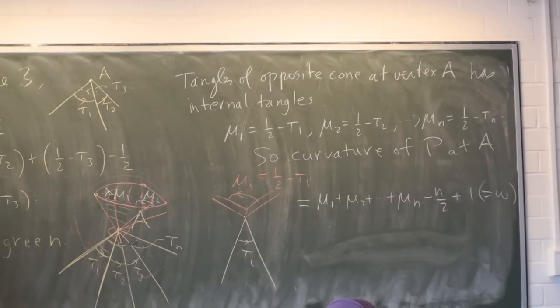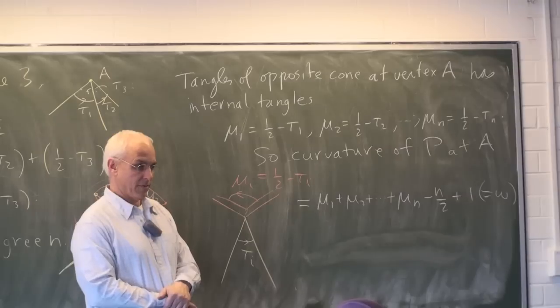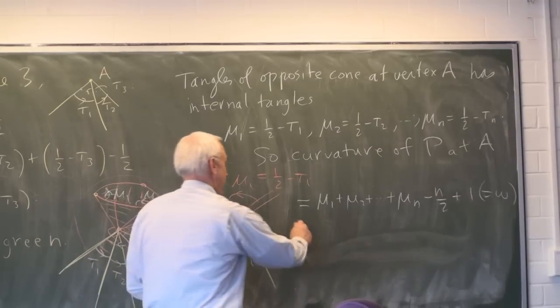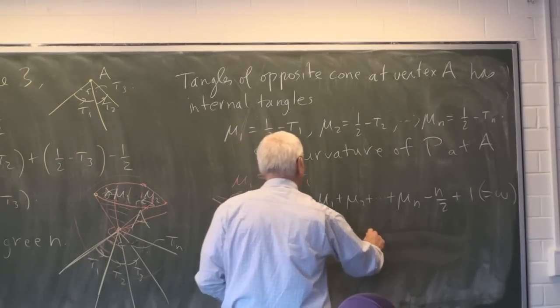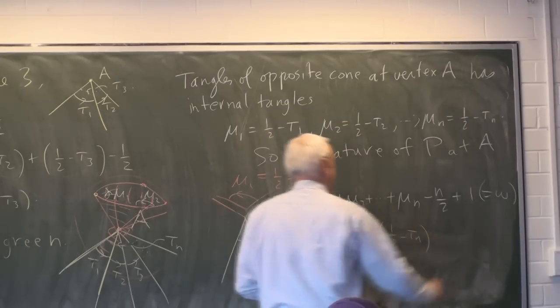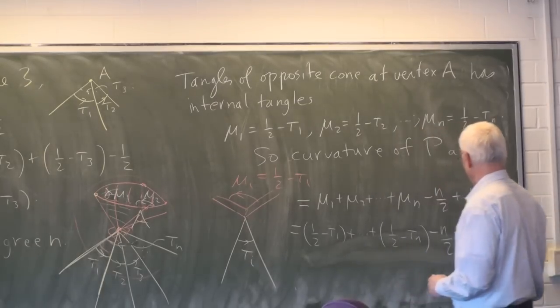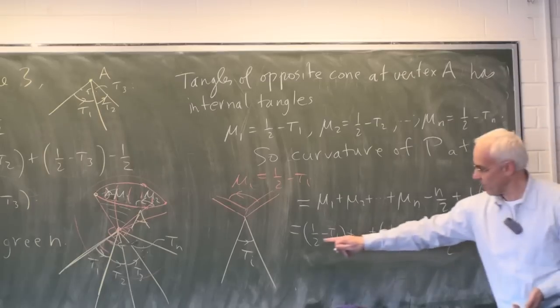And now observe what happens when we replace the mu's with 1/2 minus the taus. So we get 1/2 minus tau 1 plus all the way up to 1/2 minus tau n, minus n over 2 plus 1. And there are exactly as many halves here.